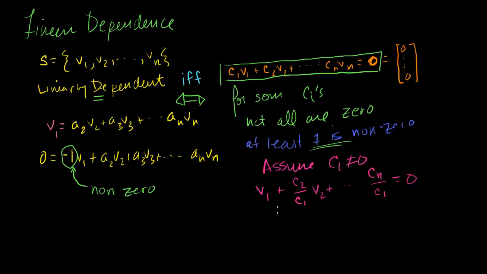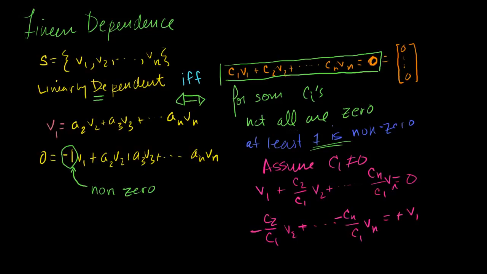Then I can subtract v1 from both sides of this equation, and I get c2 over c1 v2 plus all the way up to cn over c1 vn is equal to minus v1. Now if I multiply both sides by negative 1, I get a minus, and all of these become minuses, and this becomes a plus.